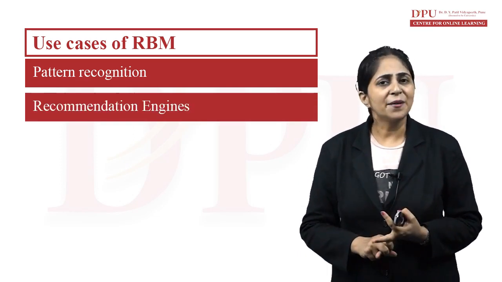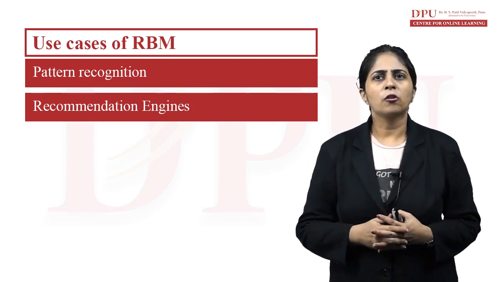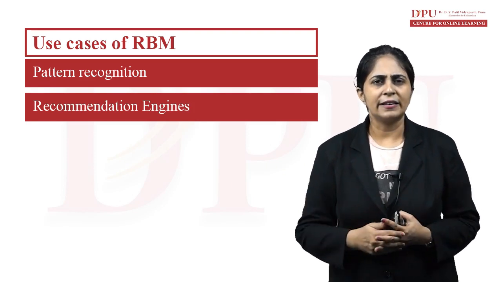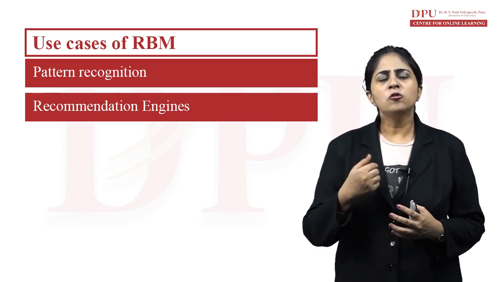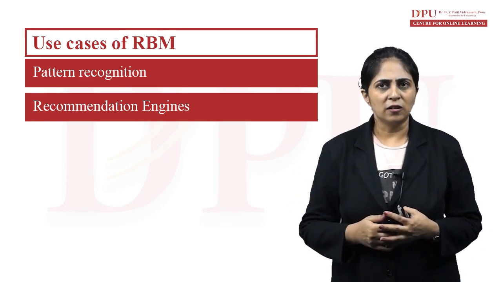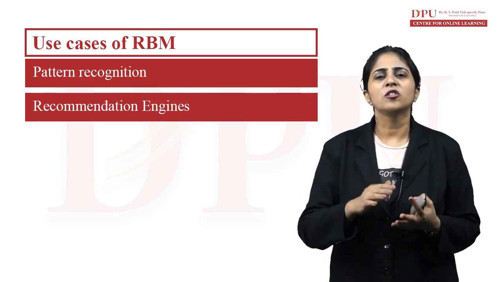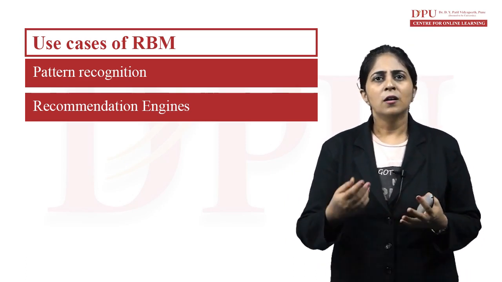Second, the recommendation engine. RBM is widely used for collaborative filtering techniques, where it is used to predict what should be recommended to the end user, so that the user enjoys using a particular application or platform.